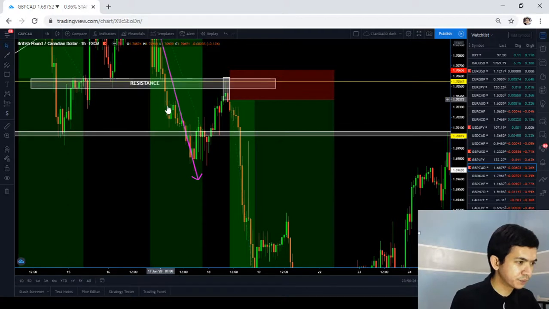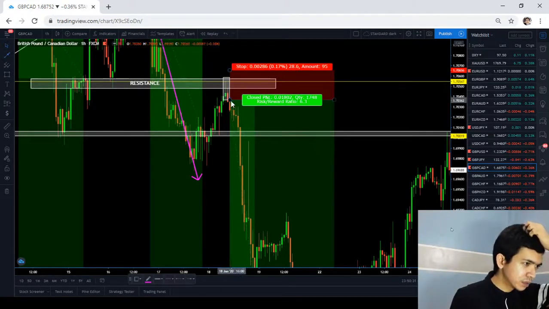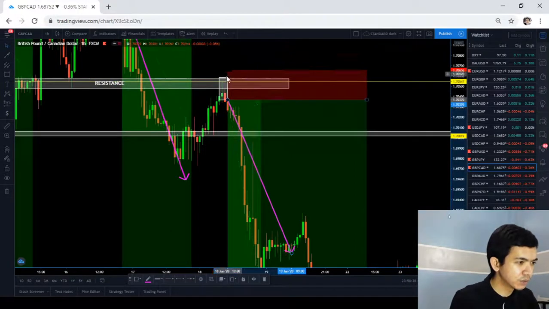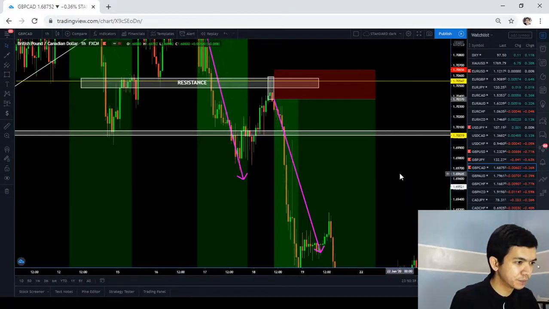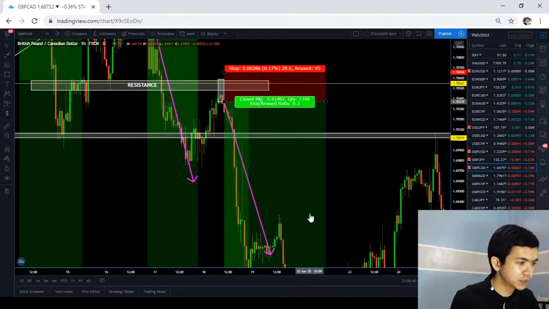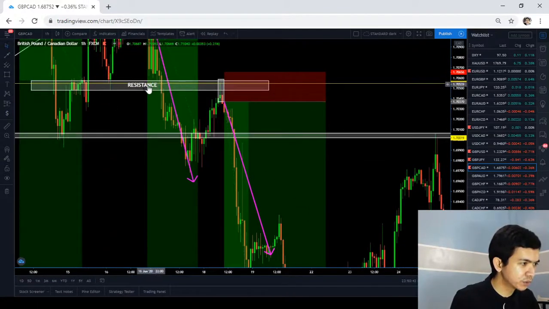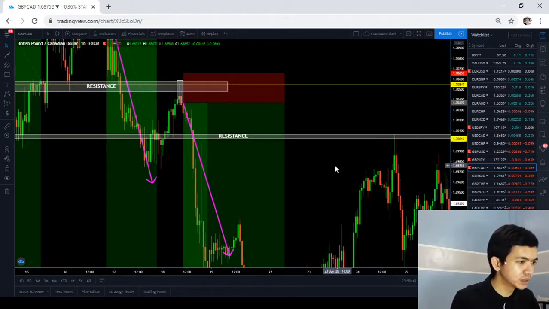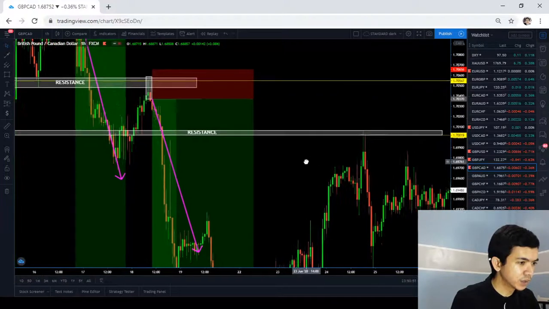Ano nangyari? The market pushed through again. Why? Because there's a selling pressure. At alam kong magbe-break yan, di ba? Nag-break ulit. So, ano nangyari? This was once a support becomes new resistance.